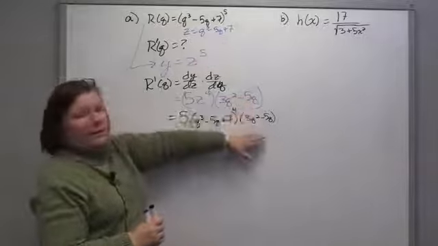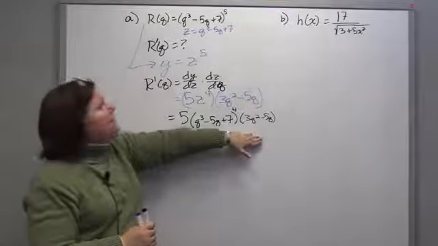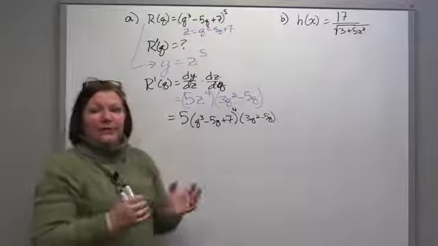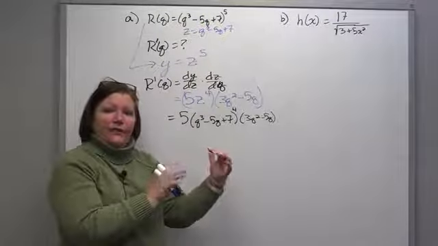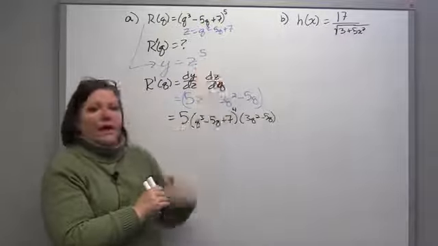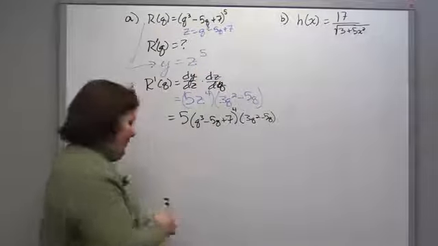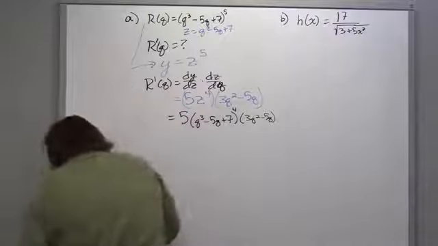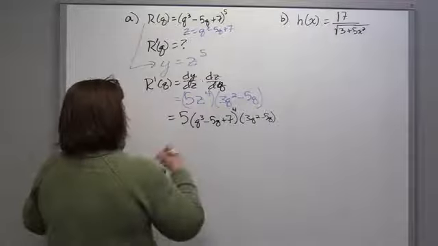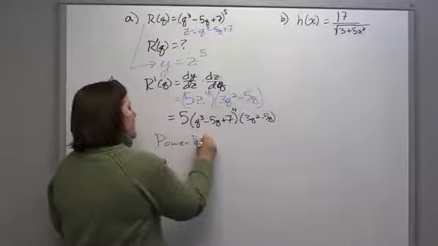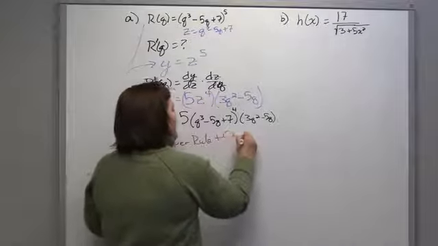So this problem actually follows a pattern. We're using the outside function as a power rule. We're taking some stuff to some power. And using the chain rule, that always has the same pattern. So what I like to write is we have the power rule plus the chain rule.